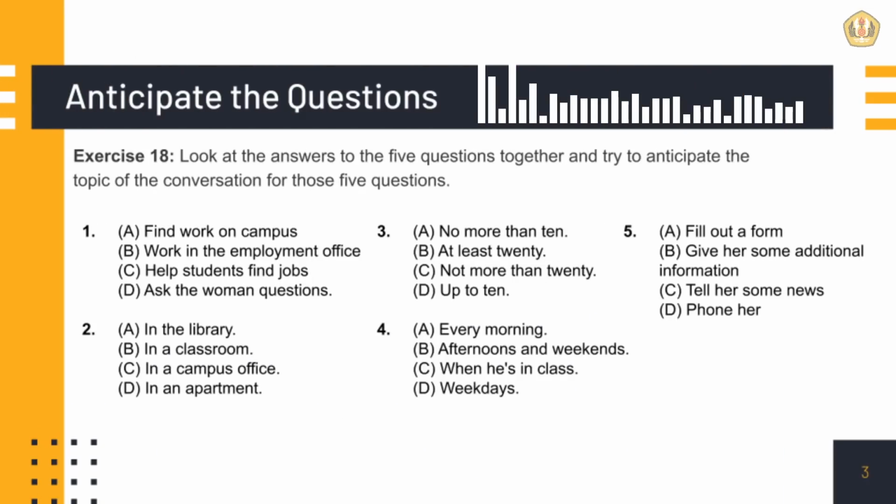So here's the example. Usually, before the real conversation begins, you will hear an introduction. The narrator will actually tell you what the conversation will be about. Something like this: listen to the following conversation about a part-time job. So you know that the conversation will be about a part-time job, right?